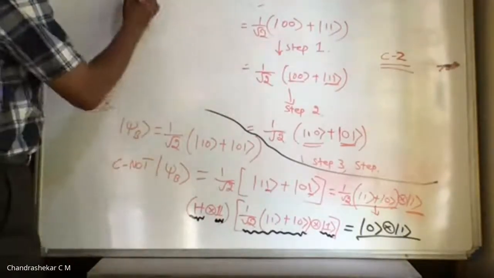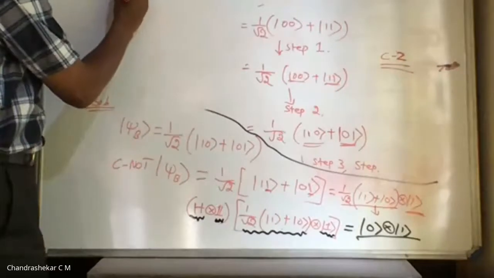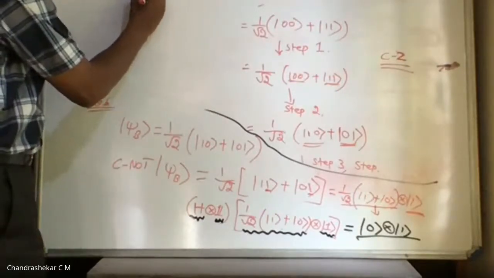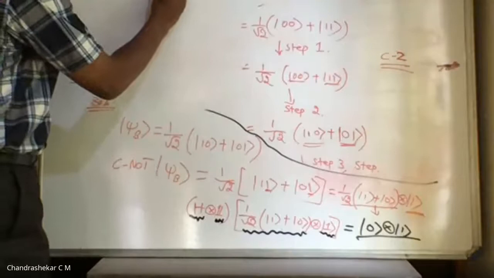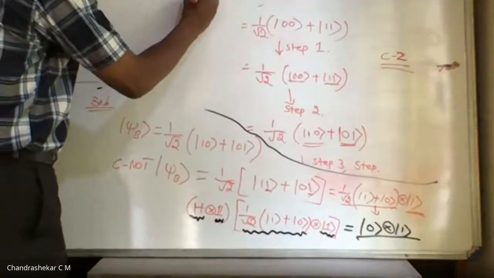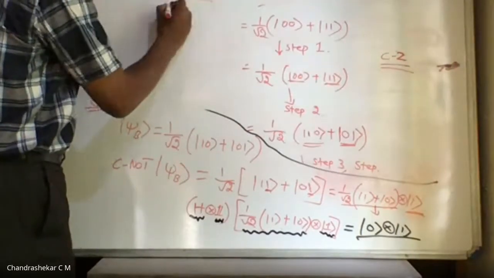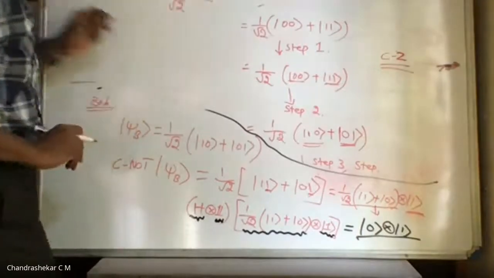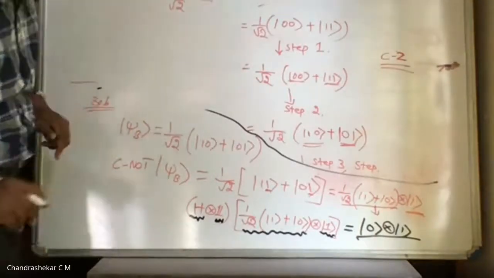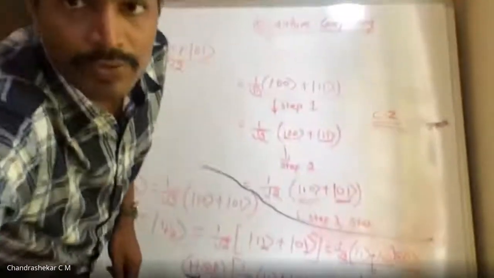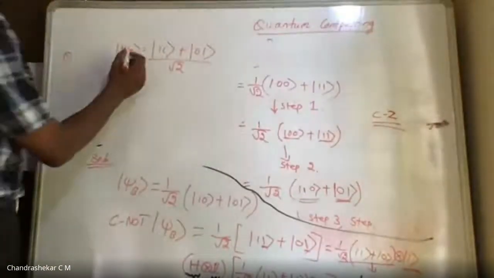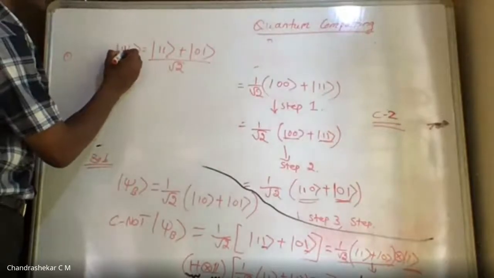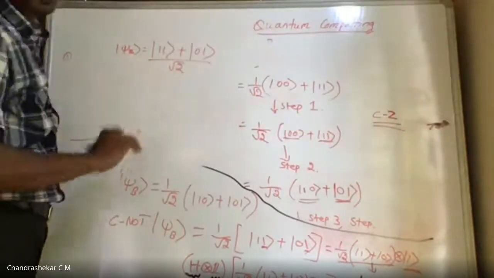So the state which Bob has after doing the control NOT gate is 1 1 plus 0 1 by square root 2. This is the state which Bob has. Oh, sorry, it's not visible. Okay. So this is the state which Bob has after he does a control NOT gate.